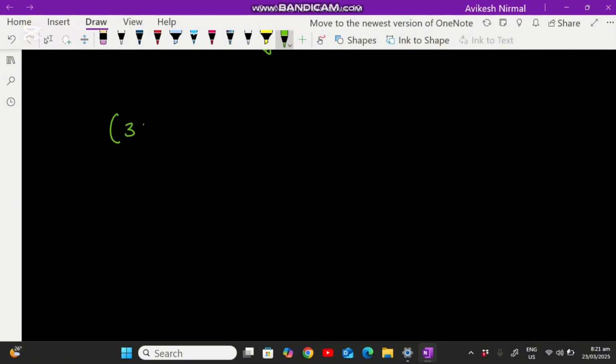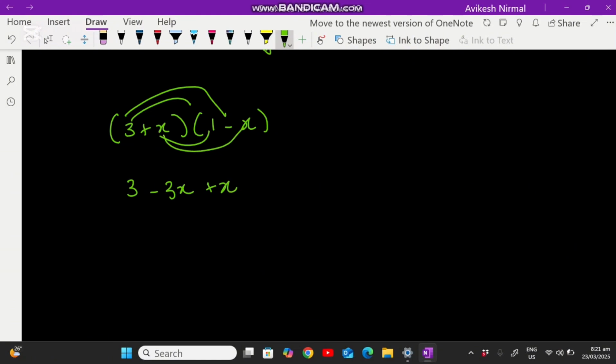It's gonna be 3 plus x multiplied by 1 minus x. So 3 times 1 is 3, 3 times minus x is a minus 3x, x times 1 is positive x, and x times minus x is minus x squared. So we can go ahead and simplify this. This will be 3 plus 2x minus x squared. Okay, so this is what I mean. This negative in front of x squared indicates that the shape is going to be like this.